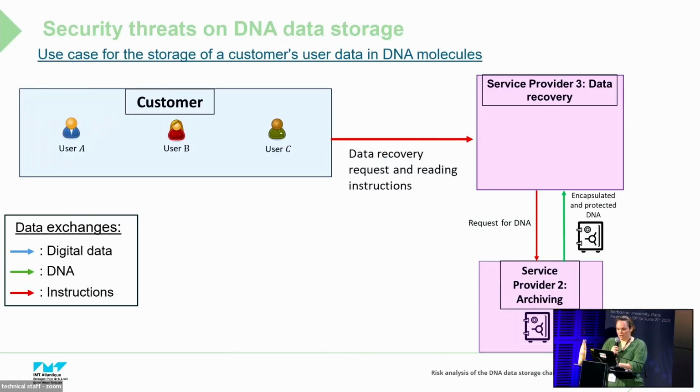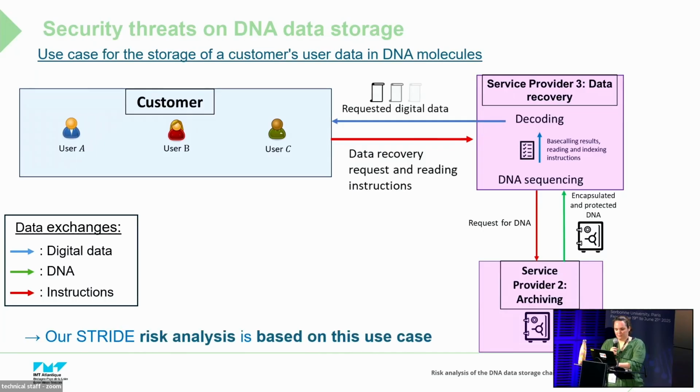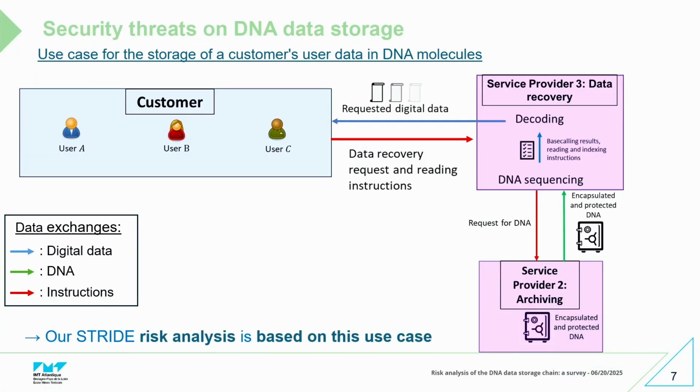Based on this use case, we have identified several sources of risk that are attackers with their objectives and motivations, as well as resources. So here are several sources of risk.